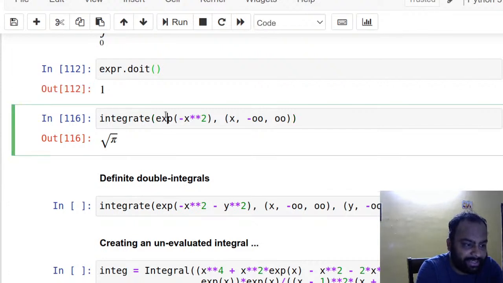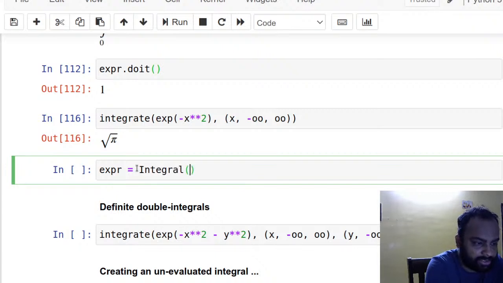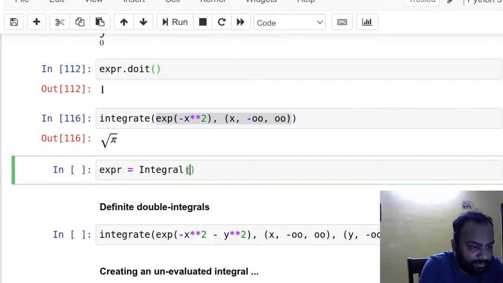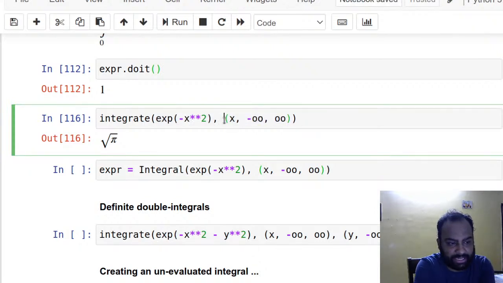Again, I could have done this separately by using the expression method. So I could call this another expression, and say integral and pass in the whole thing. Again, this is not a definite integral per se, as per the definition in mathematics. This is an improper integral, but we are saying integrations with limits, right?